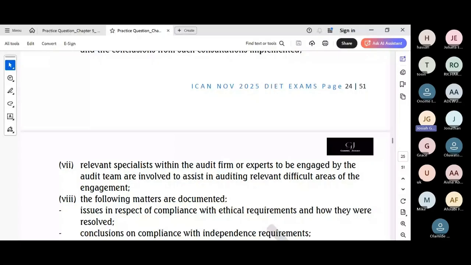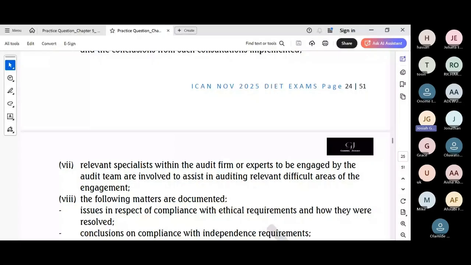So use these details in the case study to add context and, I think, specificity to your answers. It makes a lot of sense. Then show application. Simply listing generic points from the study text or from our slides will not really get you the full marks. So you must show that you understand why these actions are necessary in the context of the poor prior year audit.